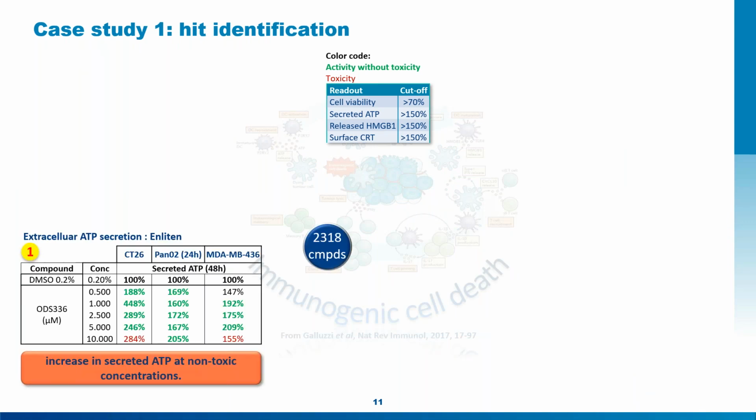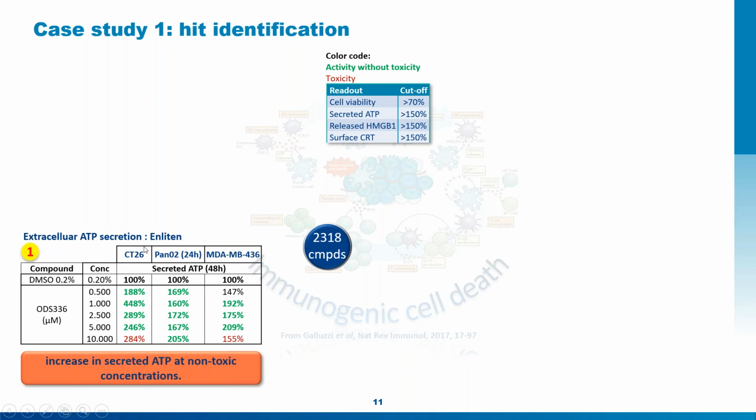So here is the ability of the platform to identify a compound that is really an immunogenic cell death inducer. This compound, for the example, is coming from our own chemistry platform.